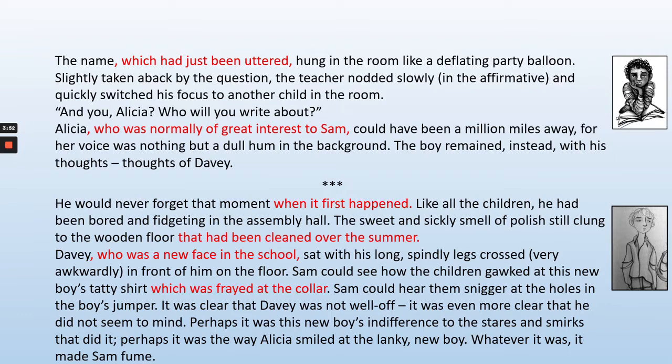Sam could hear them snigger at the holes in the boy's jumper. It was clear that Davy was not well off. It was even more clear that he did not seem to mind. Perhaps it was this new boy's indifference to the stares and smirks that did it. Perhaps it was the way Alicia smiled at the lanky new boy. Whatever it was, it made Sam fume.